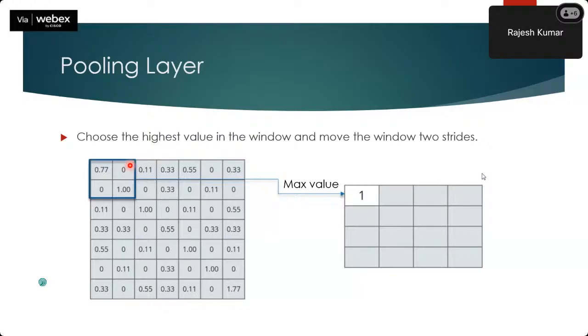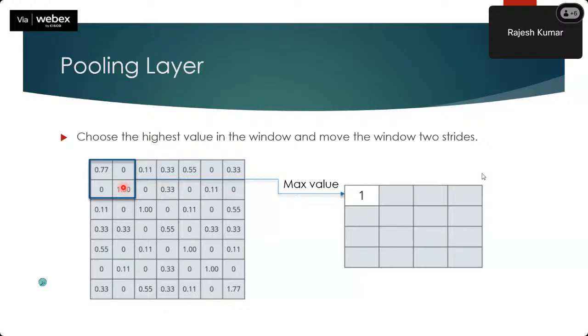There are various operators you can use: max, mean, minimum, median, all have value. These are important in a way: if you have a black and white image and you use max, you are using the contrast. If you use min, then it is the opposite.